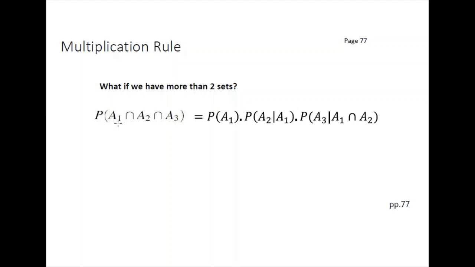The probability of A1 and A2 and A3 all occurring is the probability of first A1 occurring, second the probability of A2 occurring, given that A1 has occurred previously, then the probability of A3 occurring, given that A1 and A2 have occurred previously.